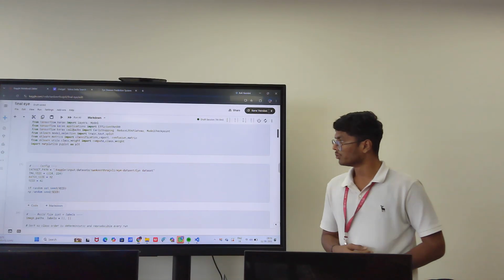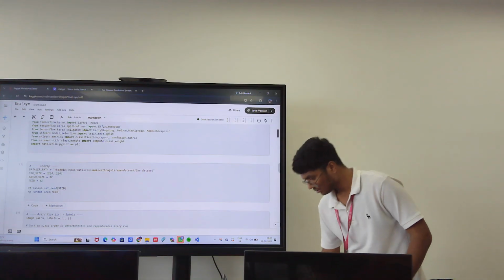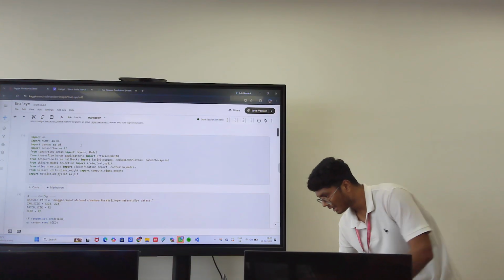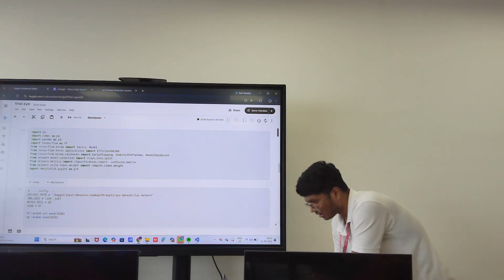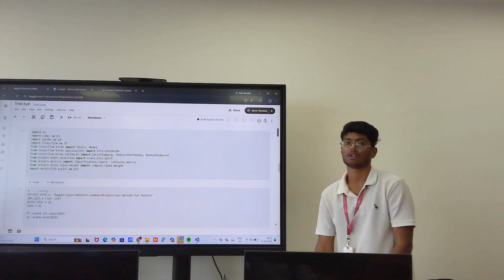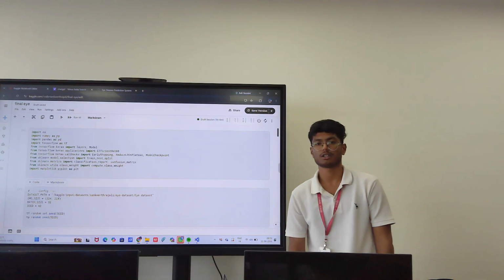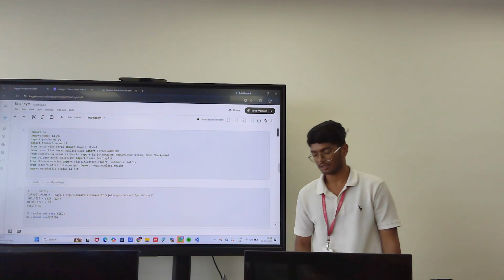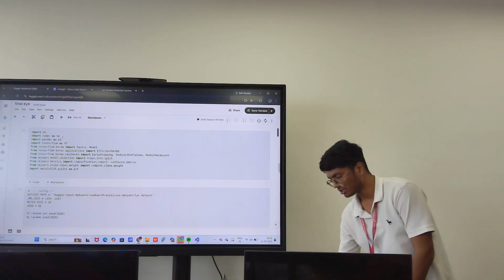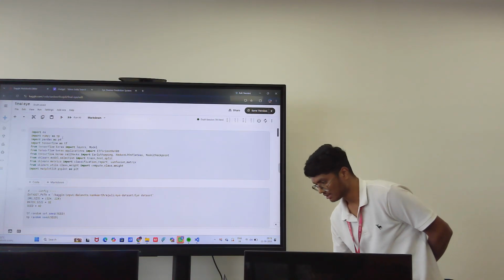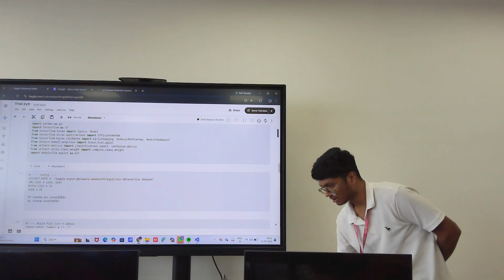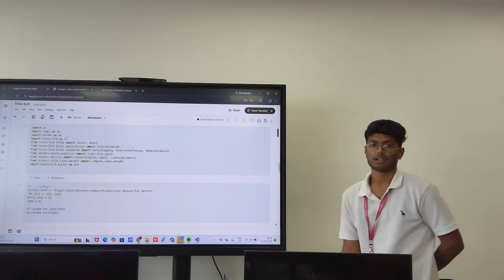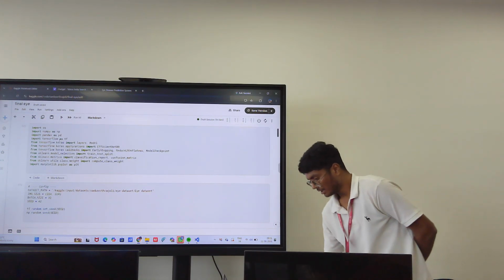Now moving on to the code. I have imported all the libraries. The operating system module is used for extracting files and folders, NumPy for mathematical calculation of weights, pandas for data frames, and TensorFlow for building deep learning models.